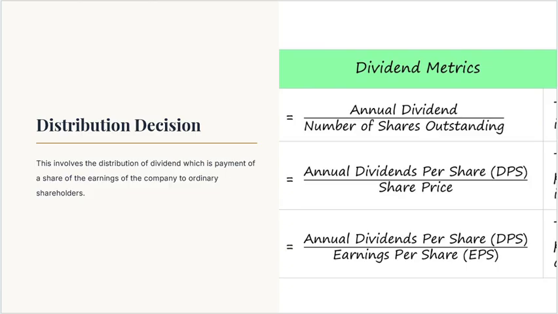That decision is between what we call retention and distribution. A portion of the earnings are normally retained in the business to strengthen its financial position. In fact, one of the cheapest and most convenient sources of capital for a business is retained earnings.